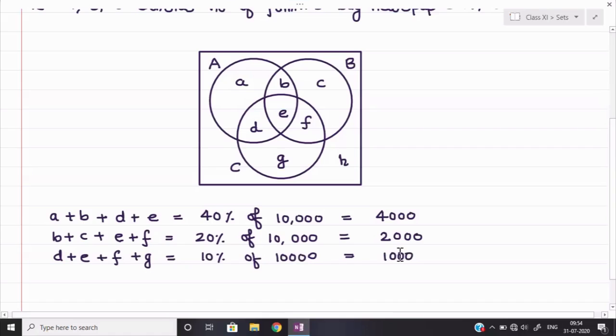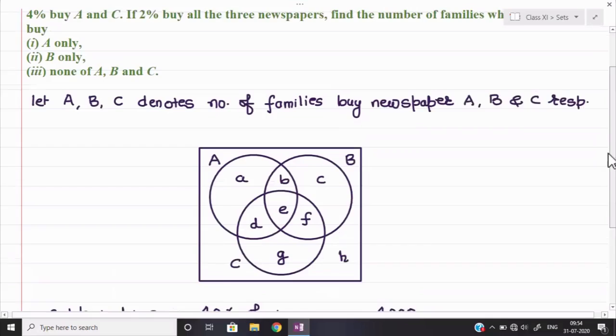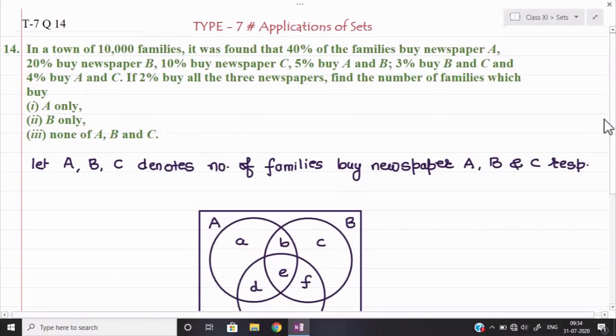Okay, now let us see the next information given to us. Now we have been given those persons who are purchasing the newspaper A and B, B and C, and C and A. So see, 5% purchasing A and B, 3% purchasing B and C, and 4% purchasing A and C. So 5, 3 and 4.